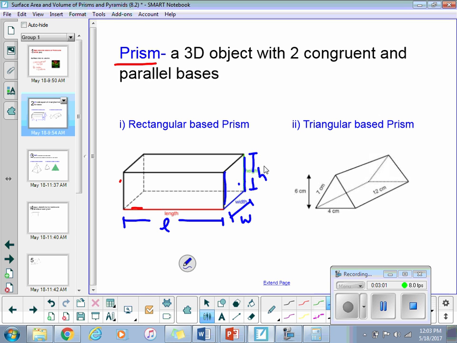In the case of the triangular prism, you have to think of this as your height. If you look on your formula sheet, try and make the connection to that.